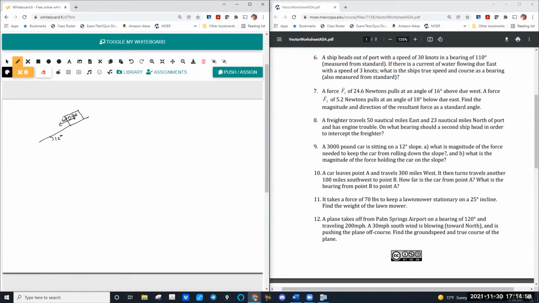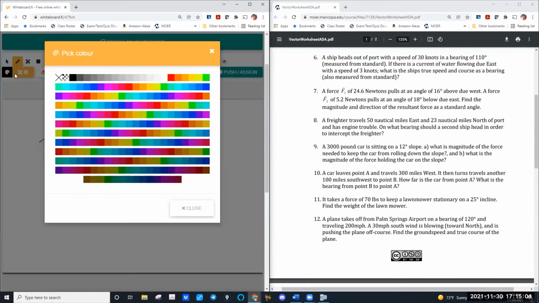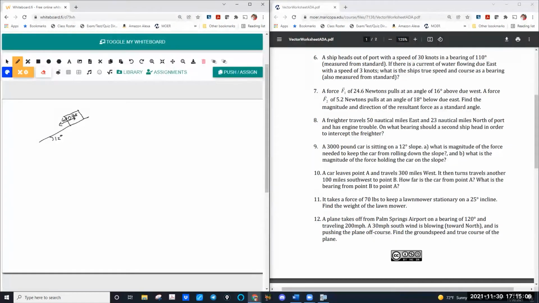Now we have a weight of this thing that points straight down. Let's use the other color. Where I was making my mistake is I was trying to use the ramp as part of the right triangle.